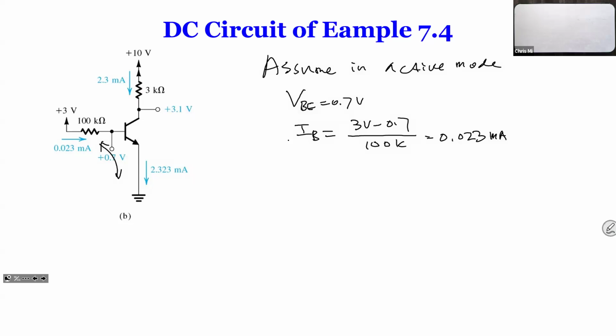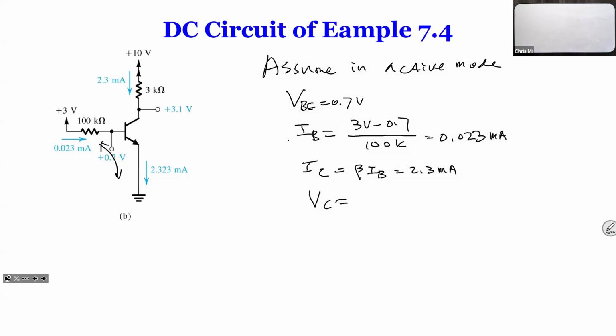Okay, so from there we can find IC, which is beta times IB. Beta is given at 100, so that's 100 times 0.023, so it's going to be 2.3 milliamps. So at this point, we want to find VC. Now, why do we need to find VC?